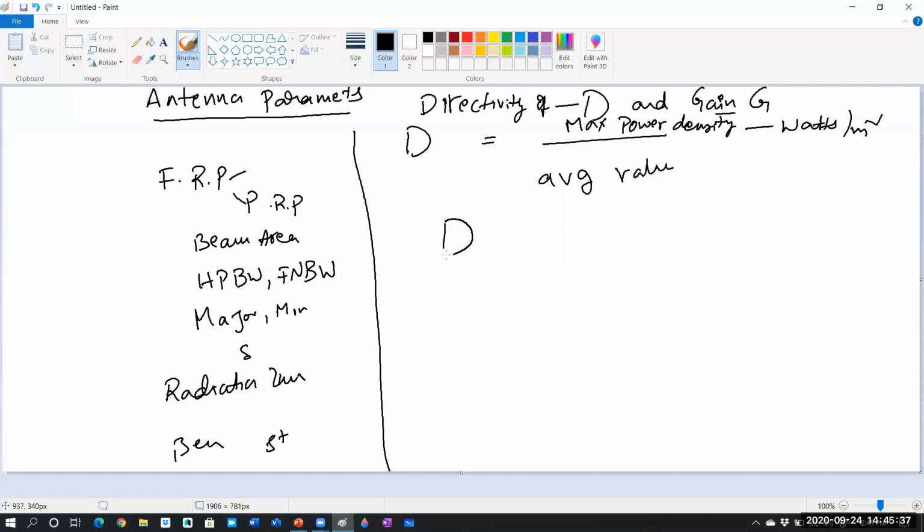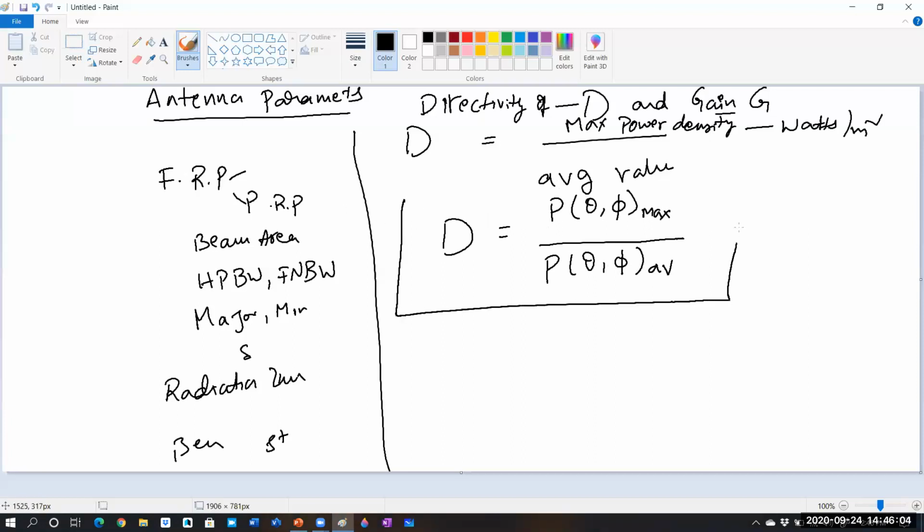Directivity D equal to maximum power density, which was denoted by P of theta comma phi max, by the average power P of theta comma phi average. So this is nothing but a directivity of an antenna.